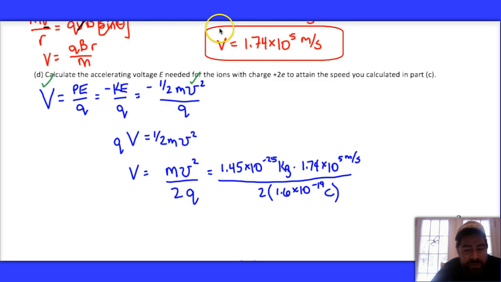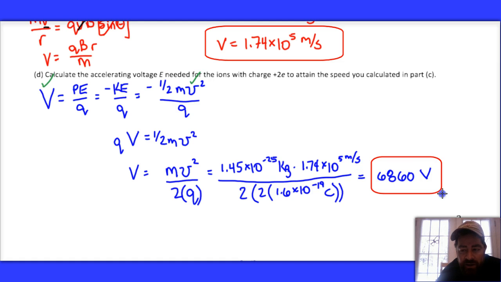I made just a quick mistake here, and the reason is q is 2 times e, so I can fix that by saying that I need another 2 in front of this. So it's 2 times q, which in this case is 2 times 1.6 times 10 to the negative 19. All right, so when I run that through my calculator, I get 6,860 volts is going to be the required accelerating potential in order for the mass spec to work that way.